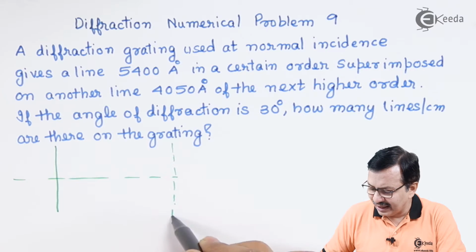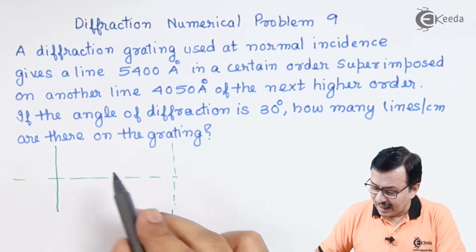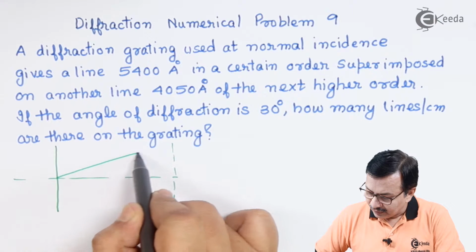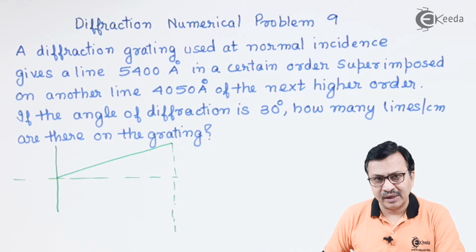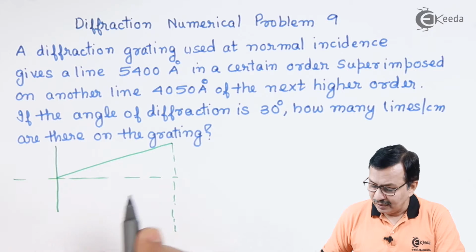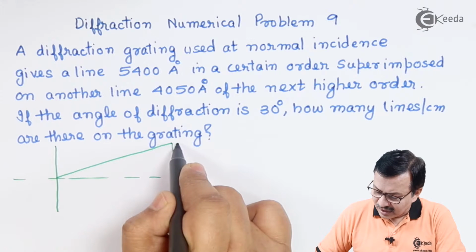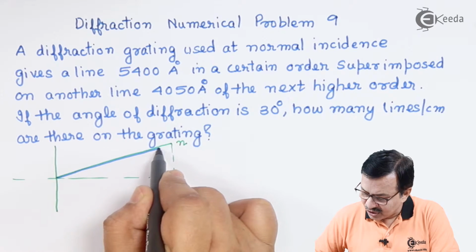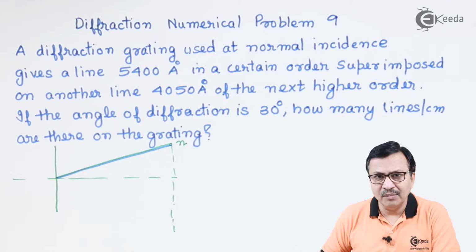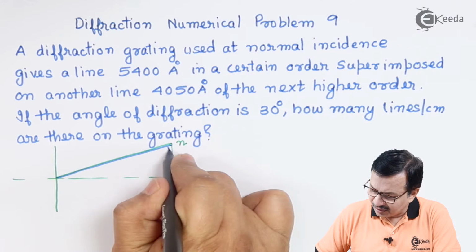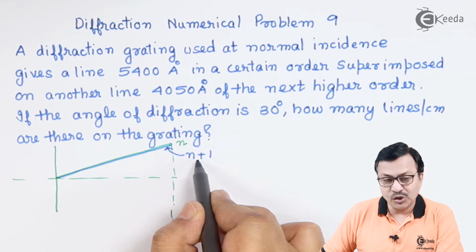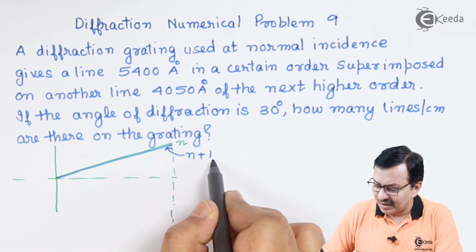Here we have the screen, and here is one diffraction angle, and let that be your value of n, and there is another one that is falling on the same, and this particular value is turning out to be n plus 1, and this is of the next higher order, that is n plus 1.